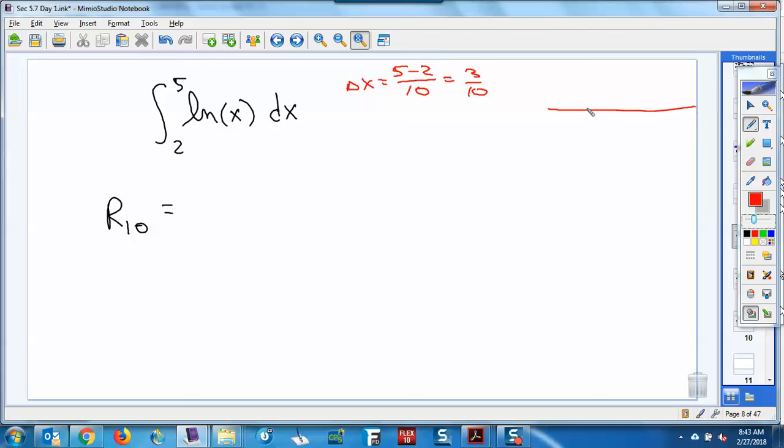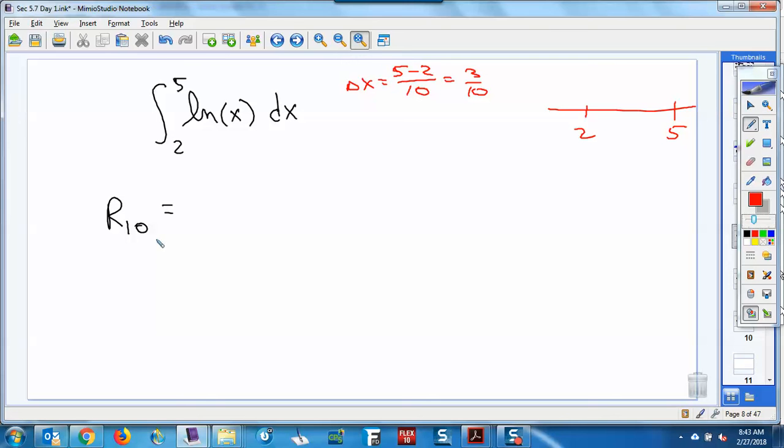We make ourselves a little x-axis over here, going from 2 to 5. So nothing new, really, today. We extended our knowledge a little bit, but nothing really new. We want to write a sigma for 10 right rectangles.